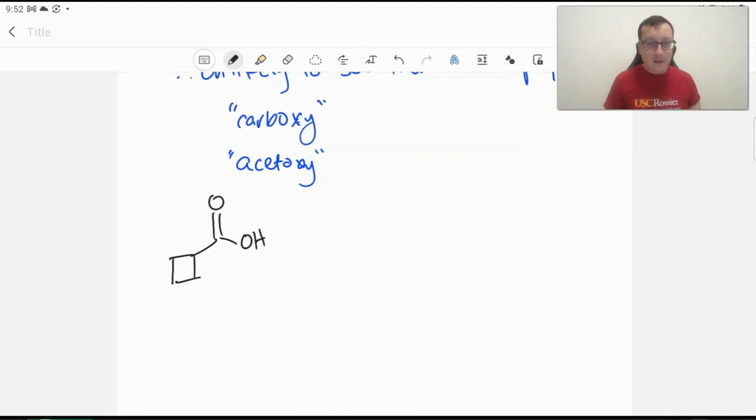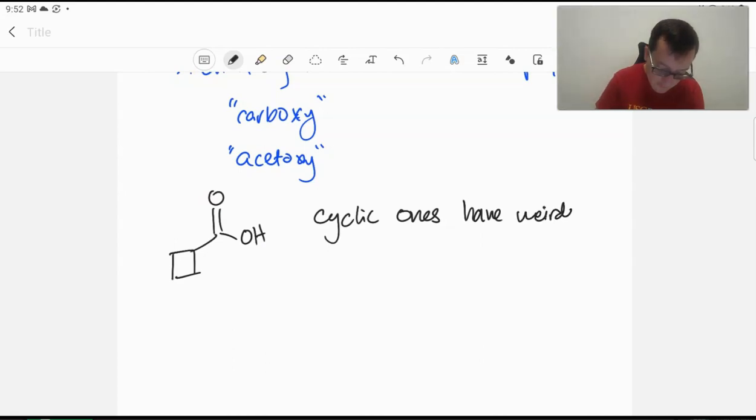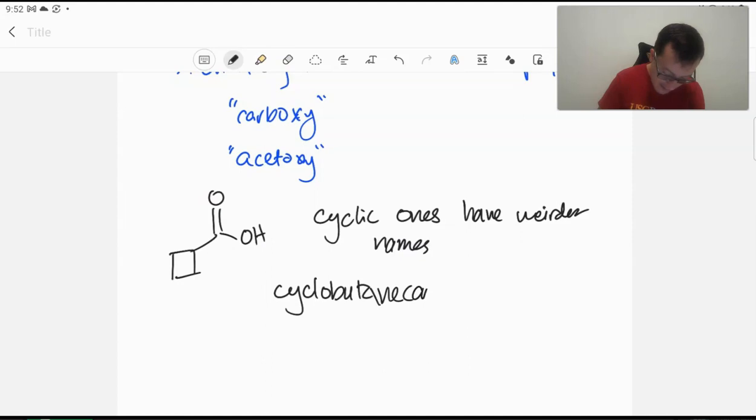There we go. So this one, remember that cyclic ones, where your parent is a cyclic structure, can have weirder names. This one would be cyclobutane carboxylic acid.